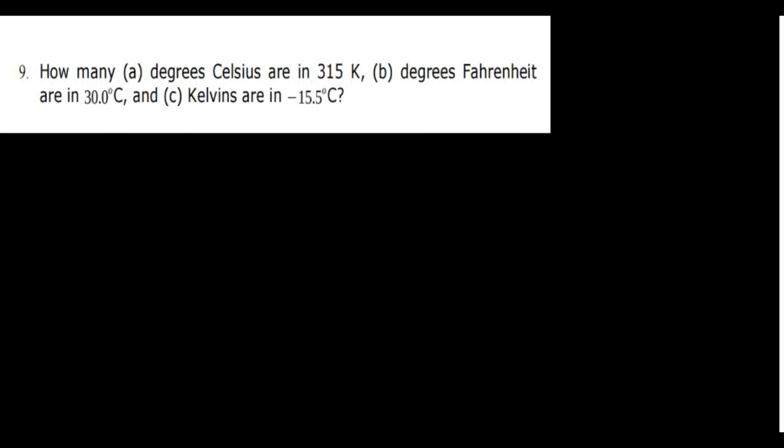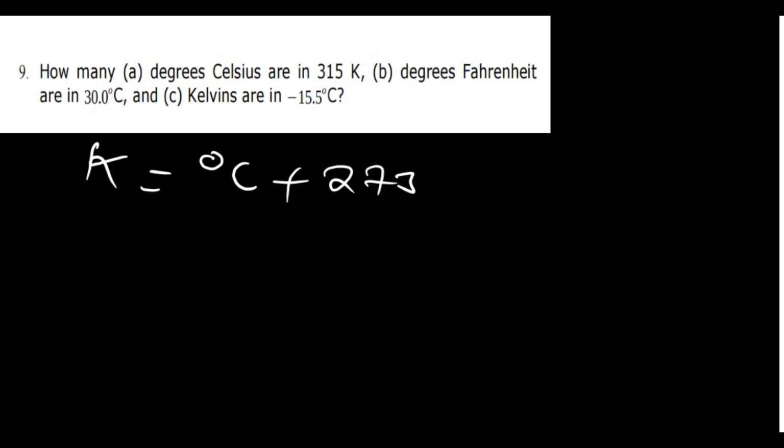If we want to get from degrees Celsius to Kelvin, we simply say the Kelvin is going to be the degrees Celsius plus 273.